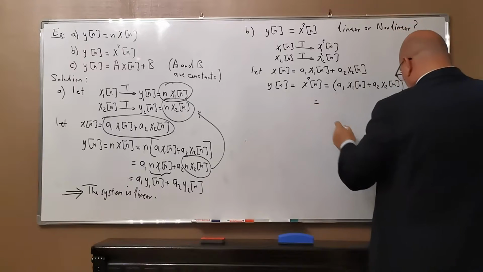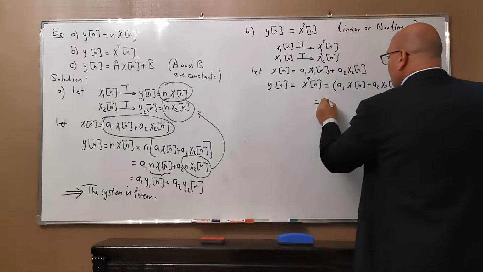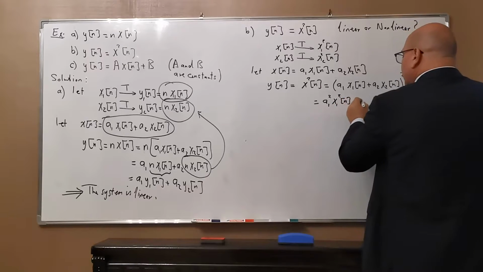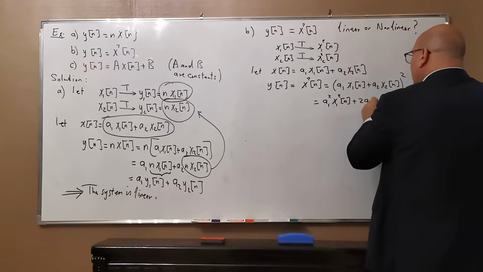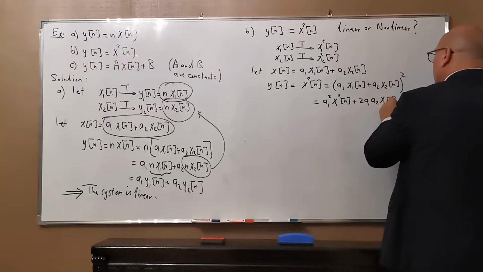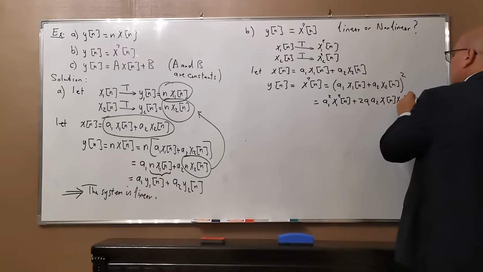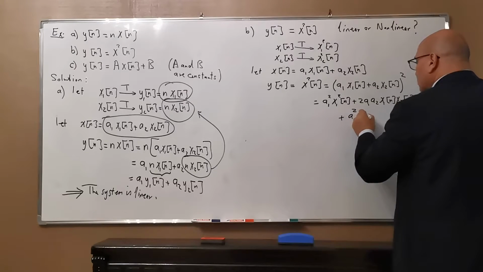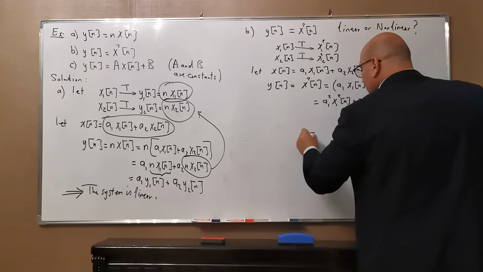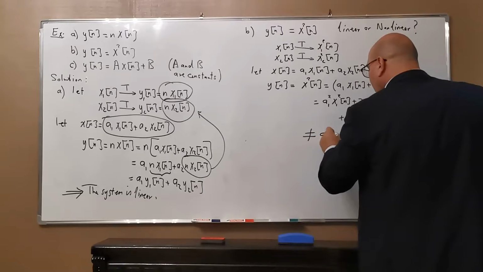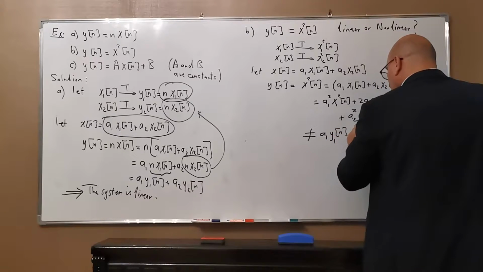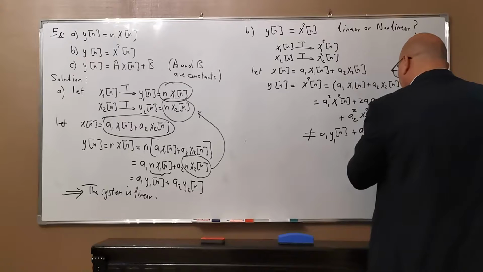And this is equal to a1 squared x1 squared of n plus 2a1 a2 x1 x2 of n plus a2 squared x2 squared of n, and this does not equal a1 y1 of n plus a2 y2 of n.